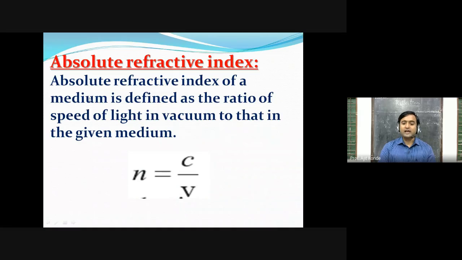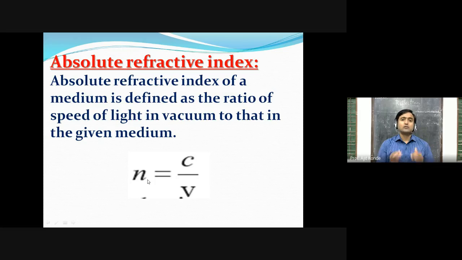Okay, absolute refractive index. When we see this, the refractive index of any medium with respect to air is basically called absolute refractive index. Absolute refractive index of a medium is defined as the ratio of speed of light in vacuum to that in the given medium.